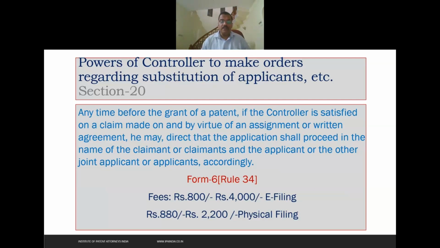Means you can substitute the original applicant for the subsequent claimant. Claimant may claim on the basis of assignment or agreement, whatever you are producing, according to the Patent Act. There are some complaints also that subsequently we will discuss. Clear?